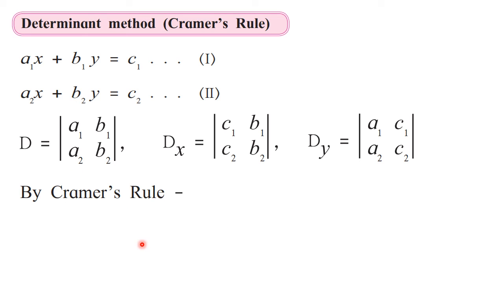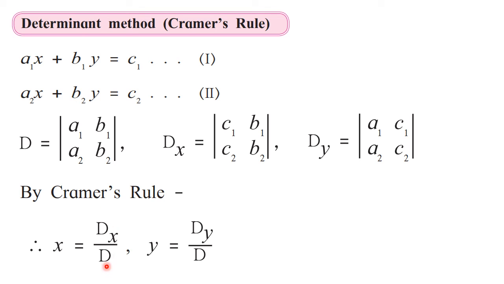Okay. So what is Cramer's rule here? That we get x by dividing dx by d. So x is equal to dx divided by d, and y is equal to dy divided by d. That means the values which we have got here, those numbers we are going to write. For example, suppose dx is 6 and d is 2.